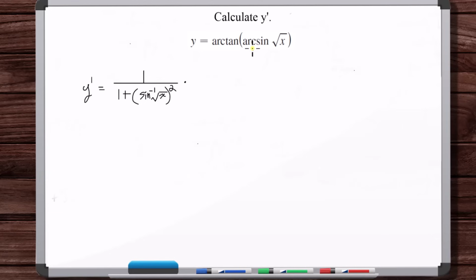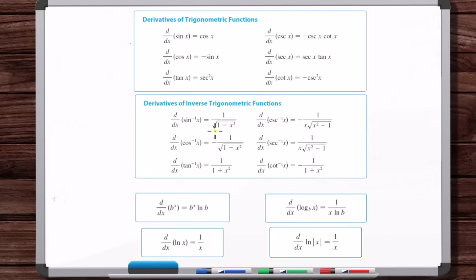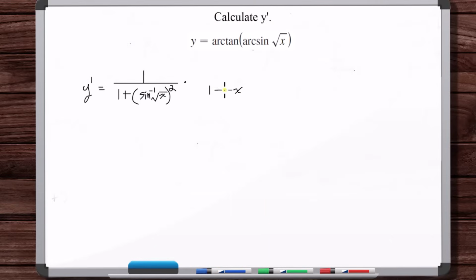What is the derivative of inverse sine of something? That's 1 over the square root of 1 minus that something squared, times the derivative of that something. What is the derivative of the square root of x? This is the last step in the chain rule. 1 over 2 root x. There we go. So now let's just clean this up.